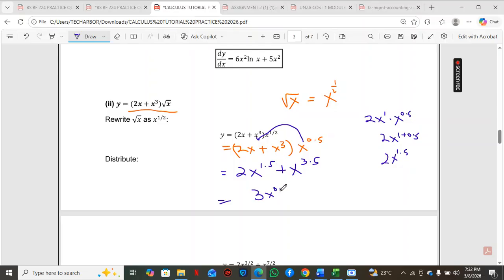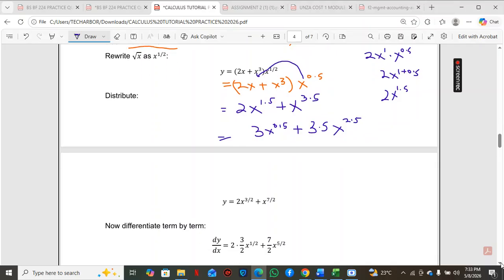So you have 3x to the power 0.5 plus, here when we derive x to the power 3.5, it's going to be 3.5 x to the power, we subtract a 1 here, to the power 2.5. That's how we can simplify our answer.